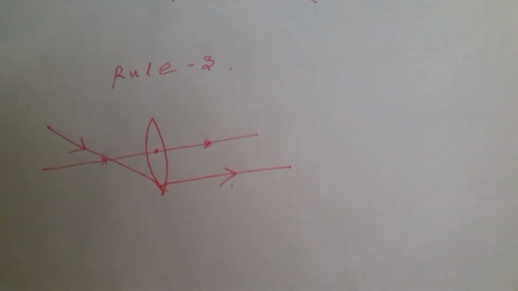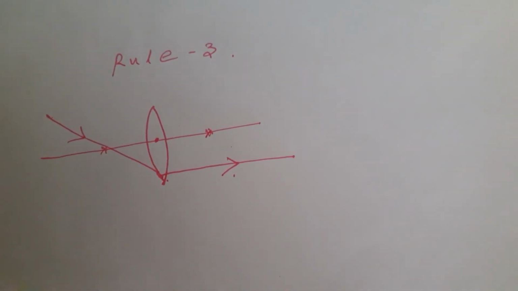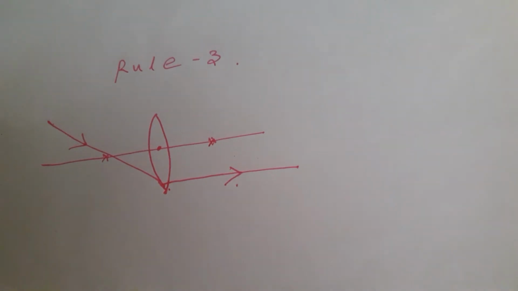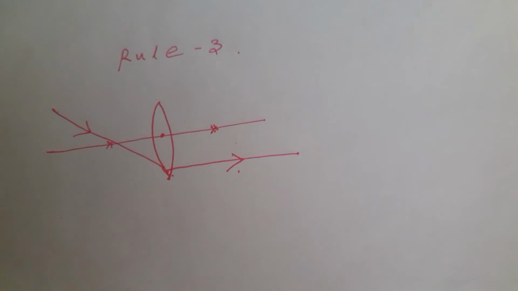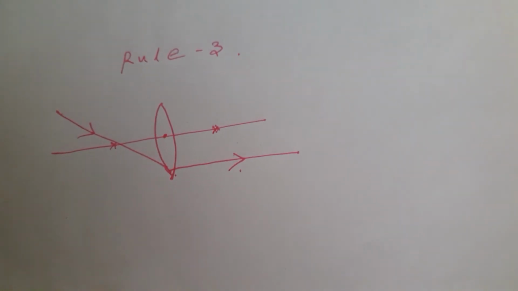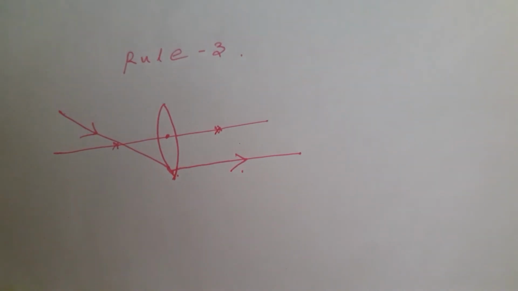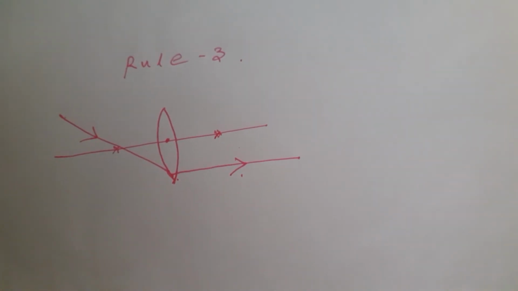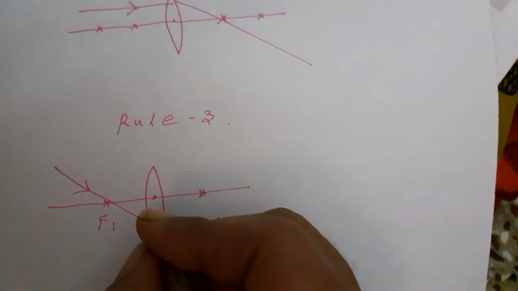When a ray passing through the principal focus strikes a convex lens, the refracted ray will be parallel to the principal axis.